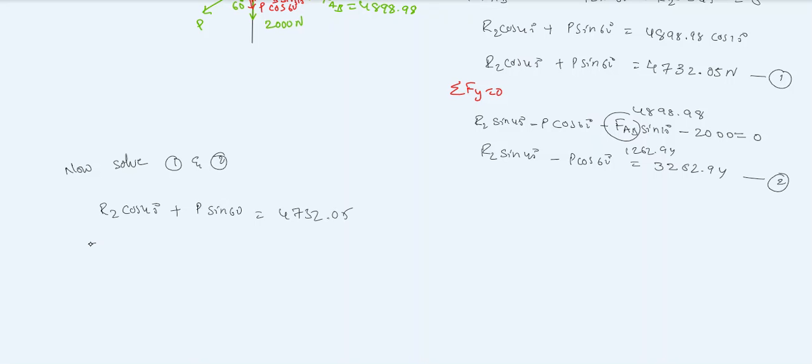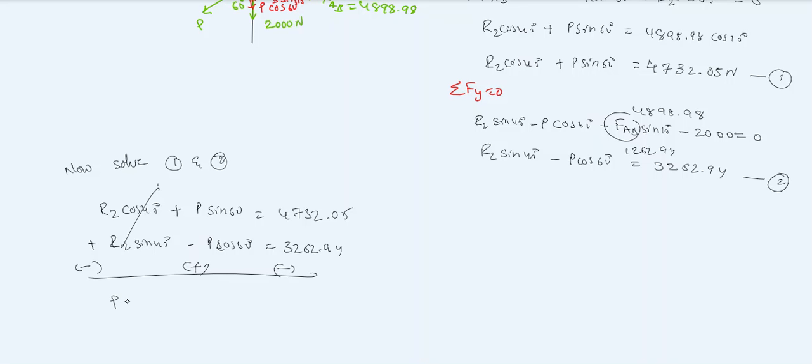Equation 2: R2 sin 45 minus P cos 60 is equal to 3262.94. If you subtract equation 2 from equation 1, the R2 terms automatically cancel.